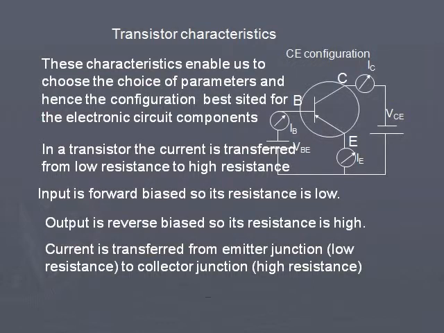So initially the signal appears across low resistance. The output is reverse biased, so it has very high resistance. So the current will be transferred from base circuit to collector. So input to output, that is low resistance to high resistance. In common emitter configuration, it is transferred from emitter junction to collector junction.